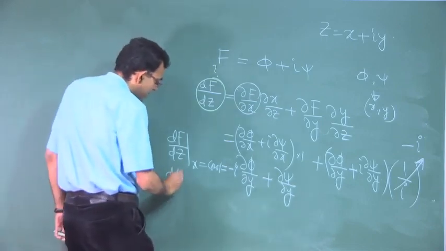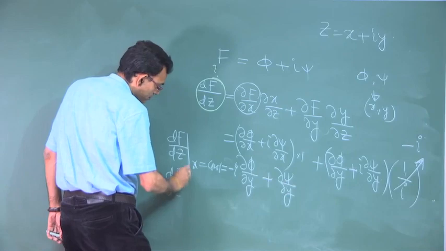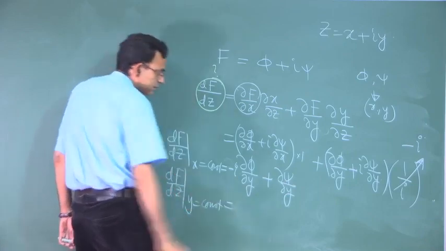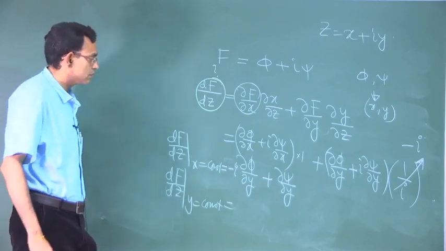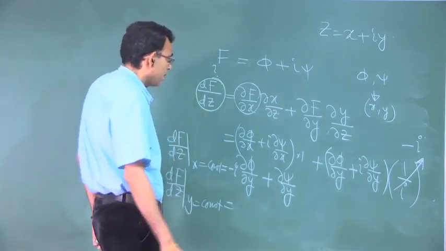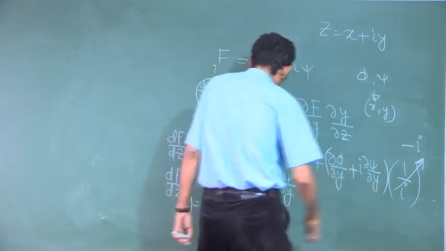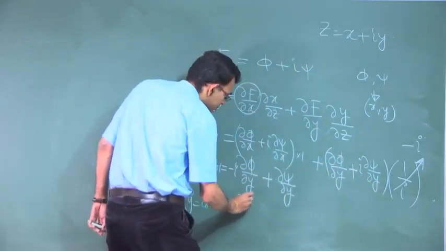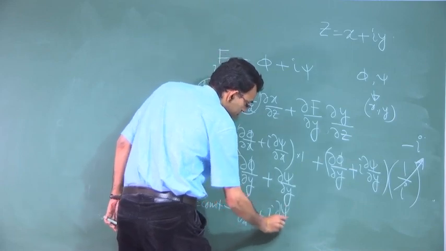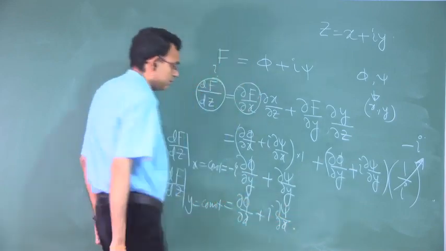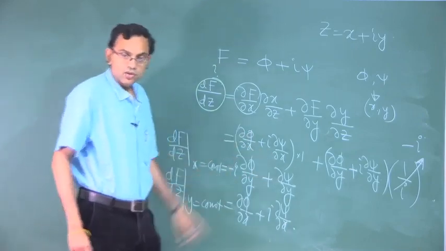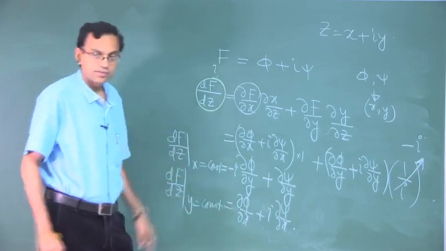And df dz along y equal to constant is, this derivative of y will be 0. So, this part only. So, question is, are they equal or not?